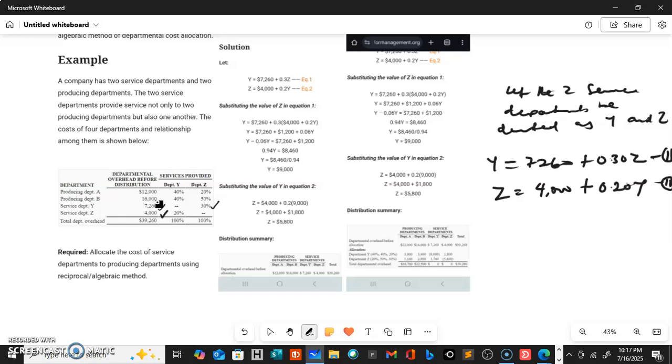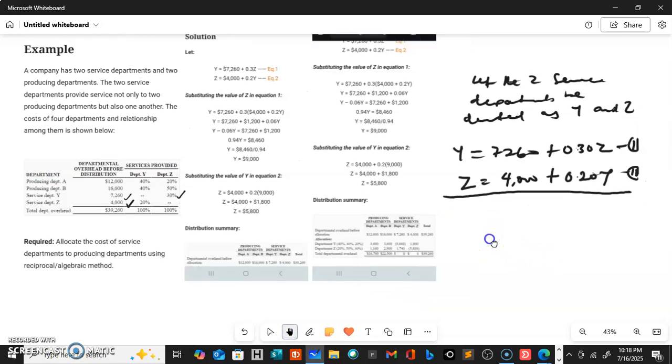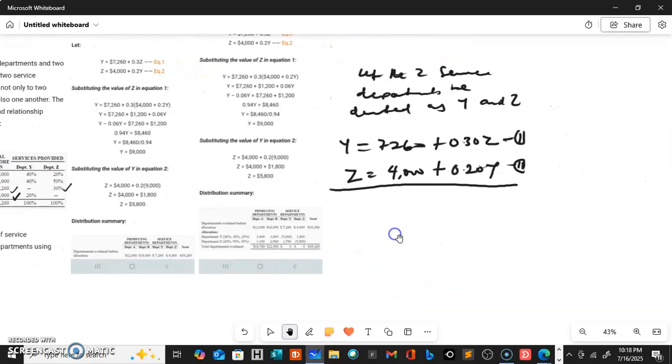The next thing is for us to rearrange this. Try as much as possible to finish up quickly.